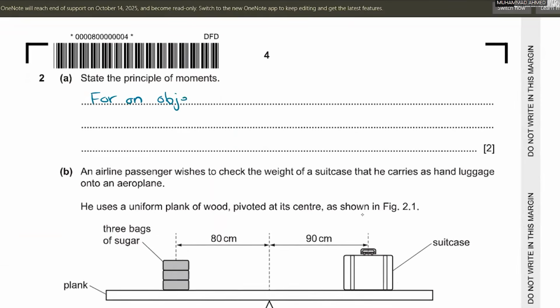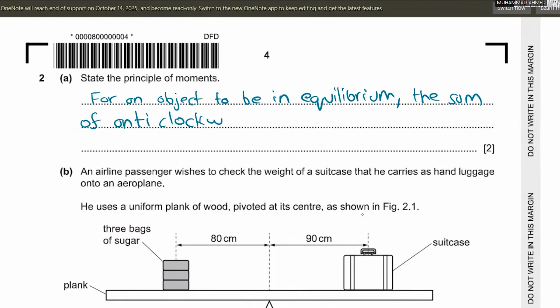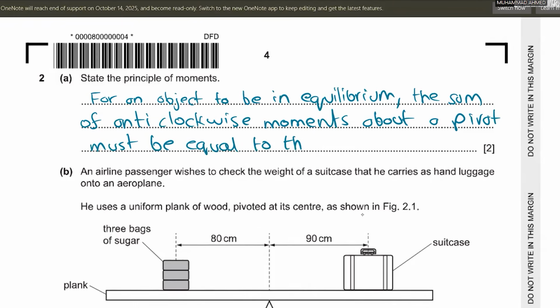For an object to be in equilibrium, the sum of anti-clockwise moments about a pivot must be equal to the sum of clockwise moments.